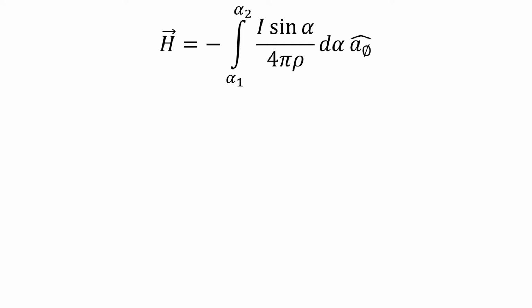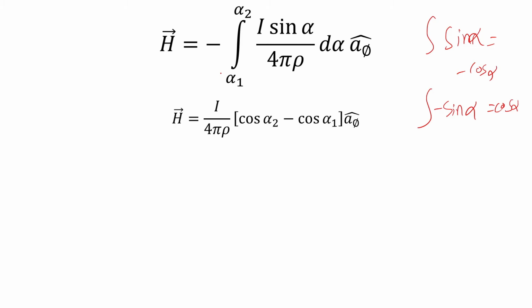Here again, you may understand that the integration of sin alpha is minus cos alpha, so the integration of minus sin alpha is cos alpha. So when I integrate this over the limits of alpha 2 and alpha 1, I will be left with I by 4 pi rho, cos alpha 2 minus cos alpha 1, along the direction of a phi cap.